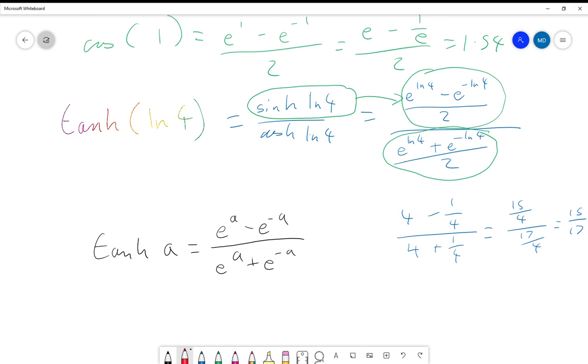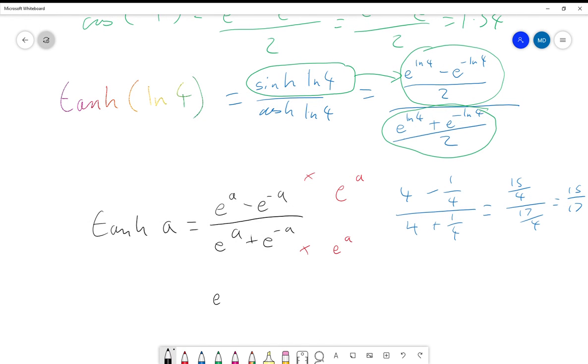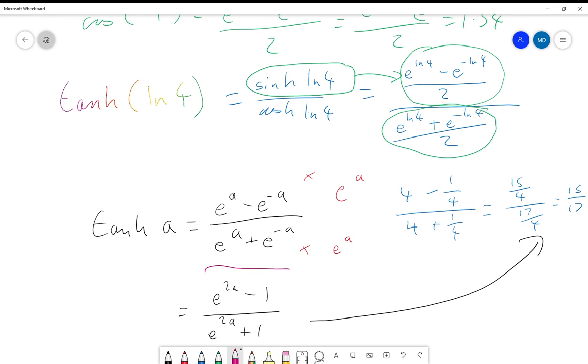And there's another way of writing it. If I multiply top and bottom by e to the a, using equivalent fraction rules, we can write that as e to the 2a minus 1 over e to the 2a plus 1. That's quite often more useful, particularly in working out something like this with a few less lines. And so this is a valid definition for our hyperbolic tangent.